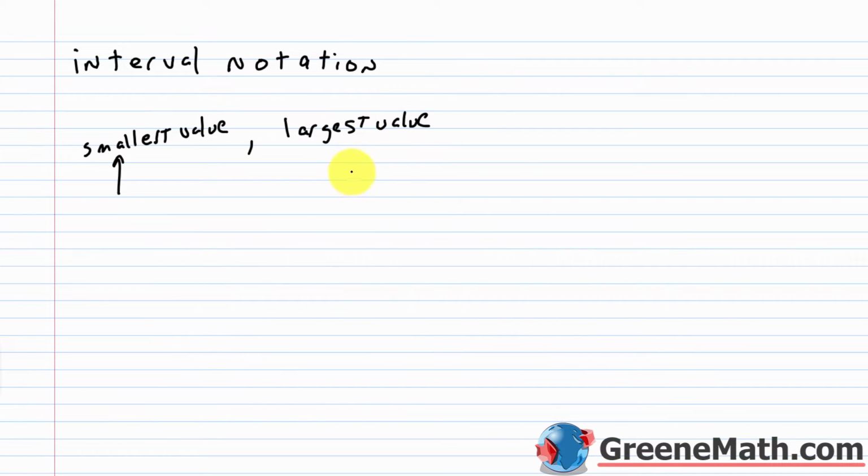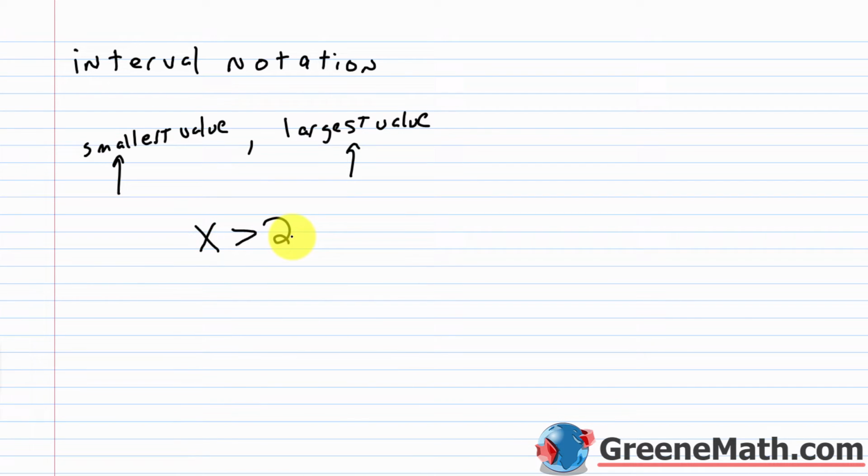Now, it's not going to exactly work out this way because in a lot of cases, you can't exactly put the smallest value because it's impossible for you to list it. So you're going to put something close to that, and then you're going to use a special type of notation. So let's kind of jump in and just think about x is greater than 2.